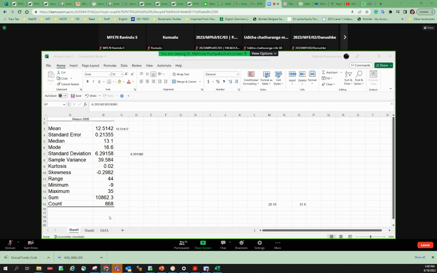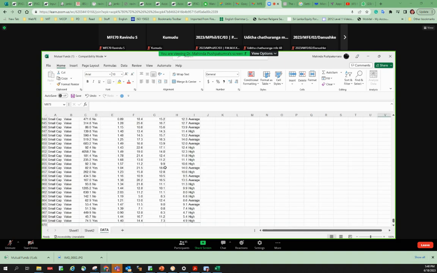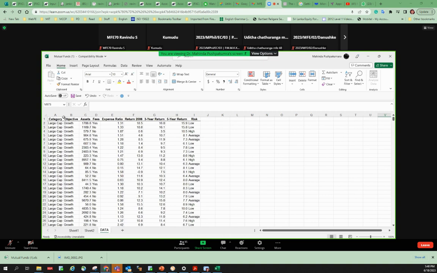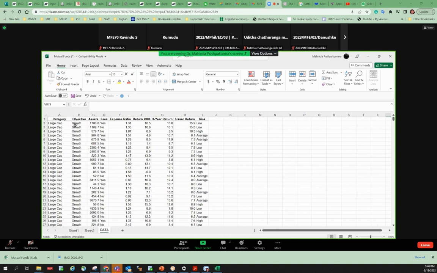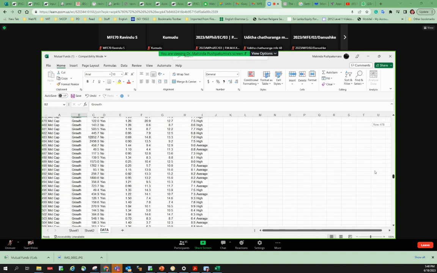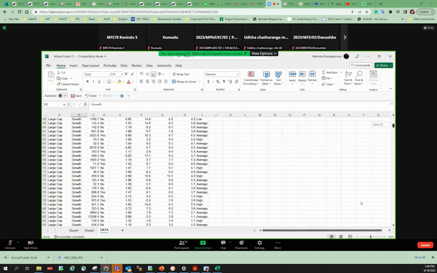Okay, then now here you can see there are two types of funds actually. In the category objective wise, there are growth funds and value funds.